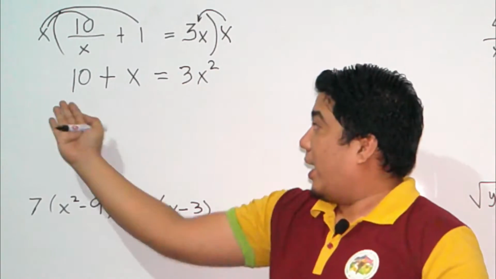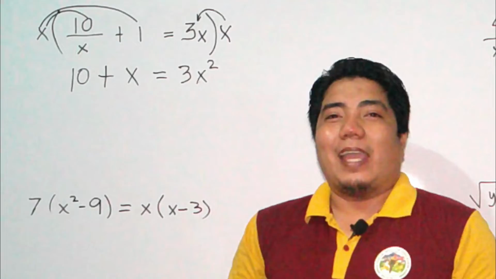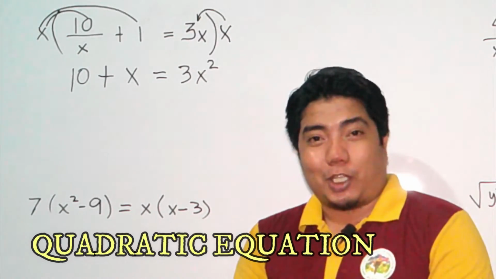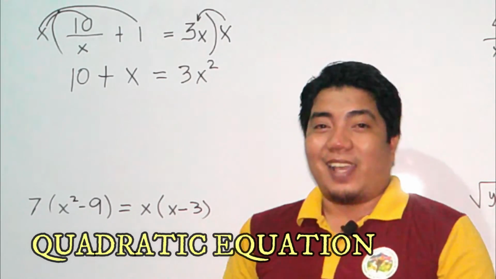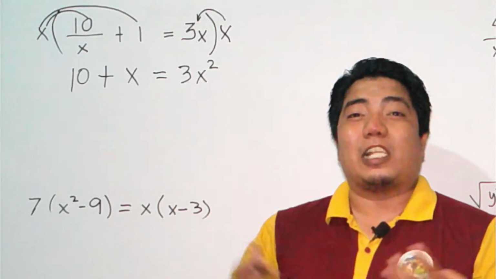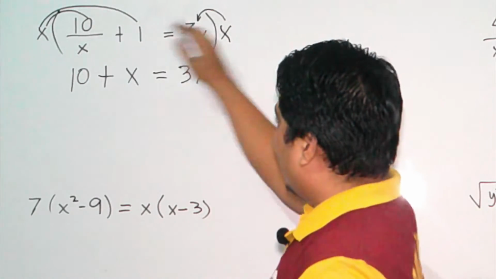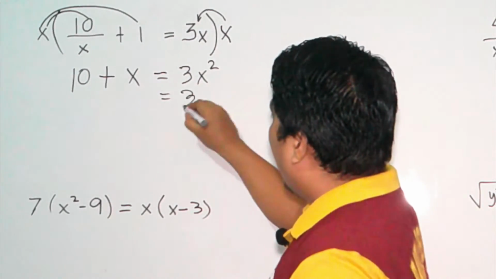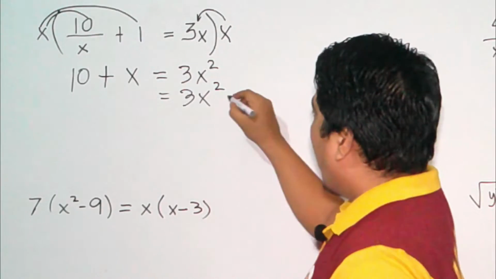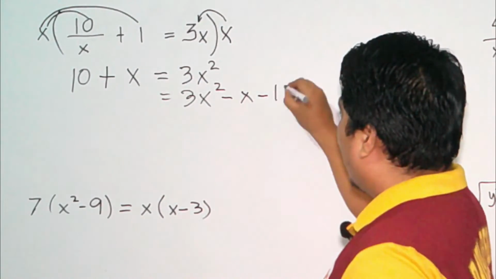Now, as you can see, in this part of the equation, we already have a quadratic equation. However, it's not yet in the standard form. So what we will do is we transpose them and transform it into a quadratic equation. By transposing, we have 3x squared minus x, our 10 goes here, that will become minus 10.